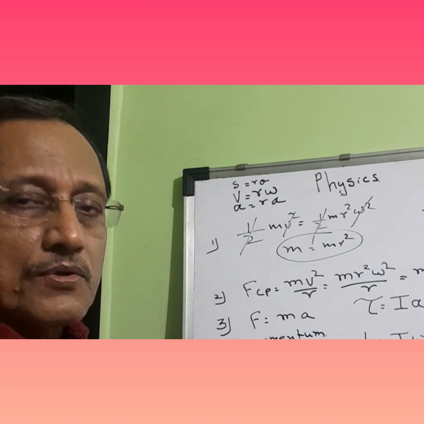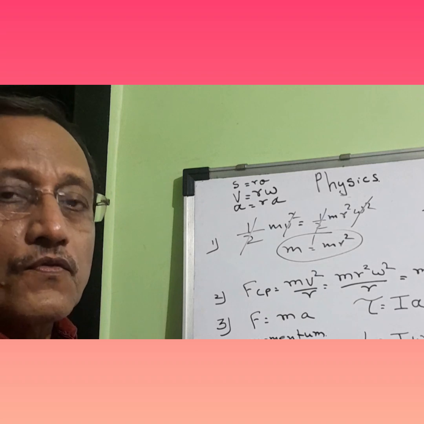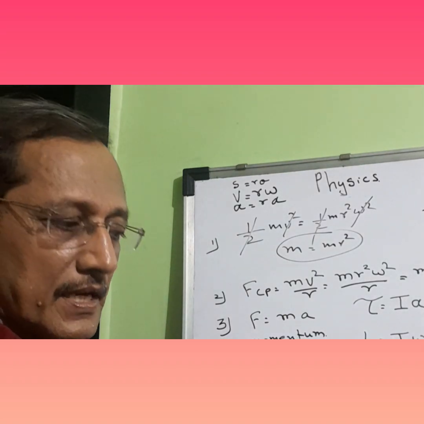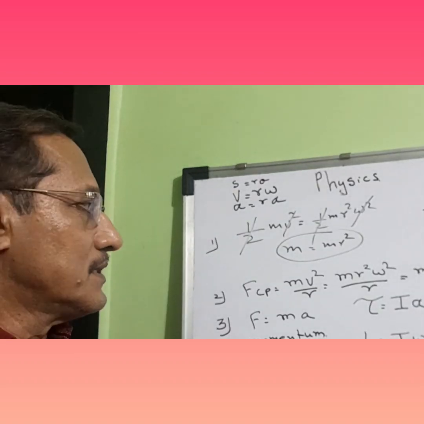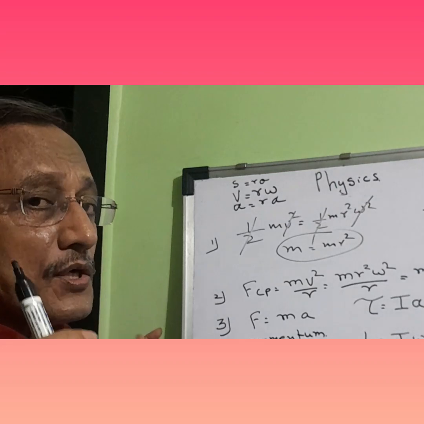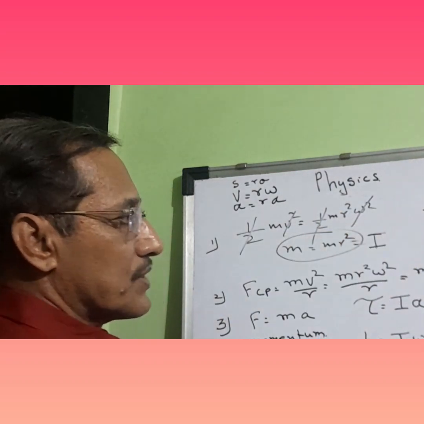According to Newton's first law, inertia is that which cannot move by itself, and if it is moving it cannot be stopped unless an external force is applied. So mass is inertia, and this we call rotational inertia.